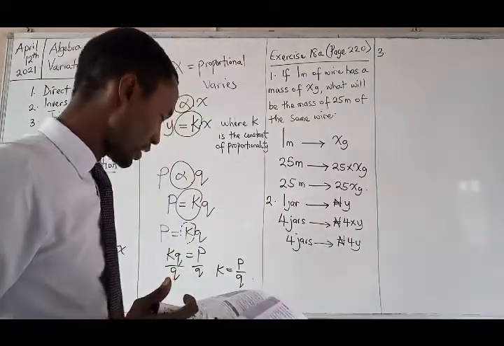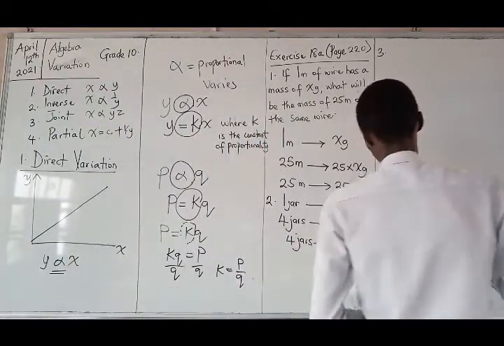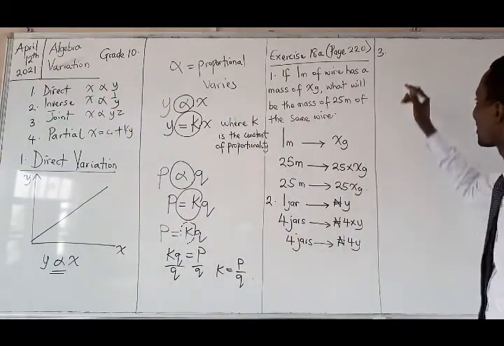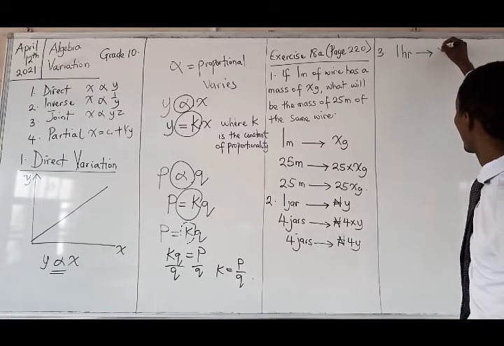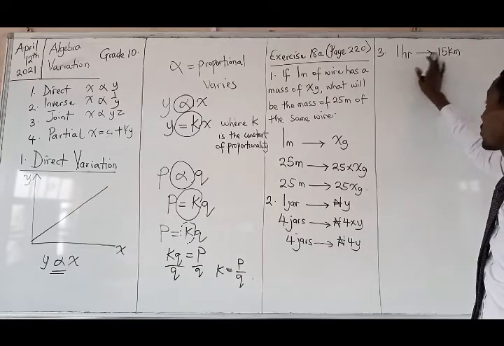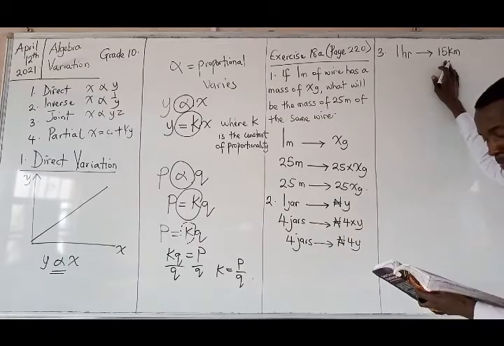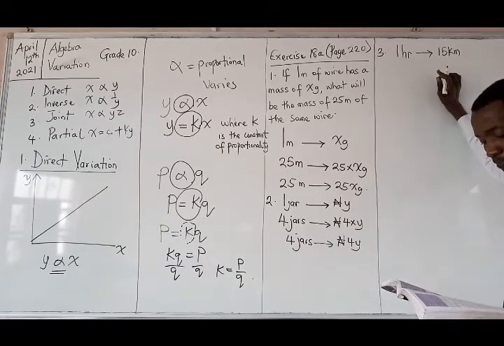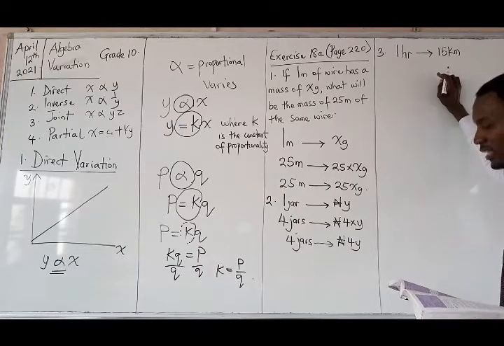In question 3, if a man cycles 15 kilometers in 1 hour, so in 1 hour he cycles 15 kilometers. It doesn't matter where you are writing it. You can write your kilometers here, you still arrive at the same answer. Now, how far will he cycle in T hours?